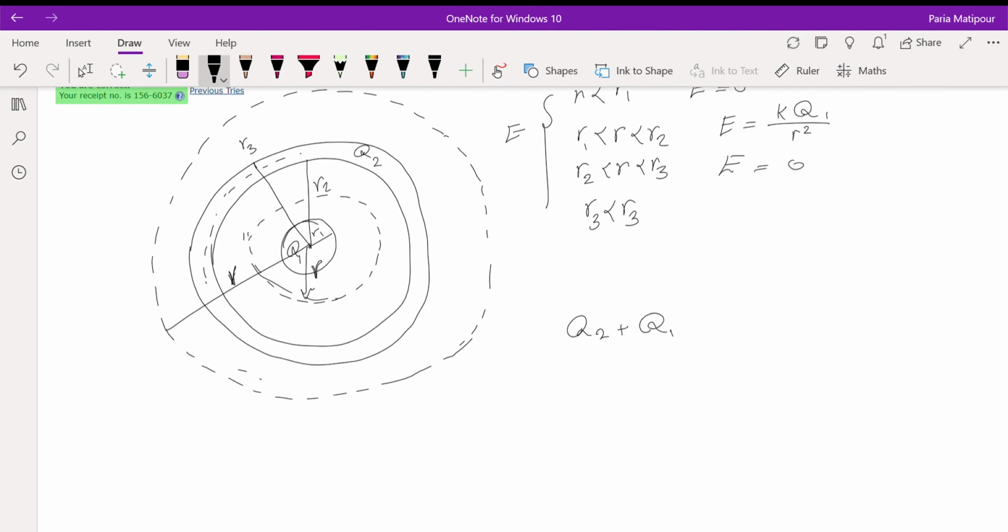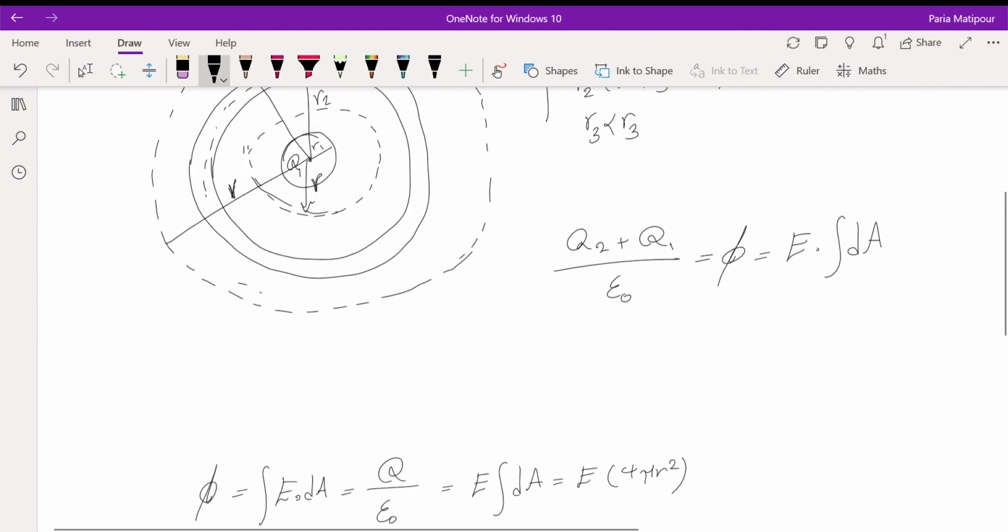And over epsilon naught is equal to the flux. And this flux is equal to E times the integral of dA, which we already know because it's a sphere again. So it's going to be 4 pi r squared.